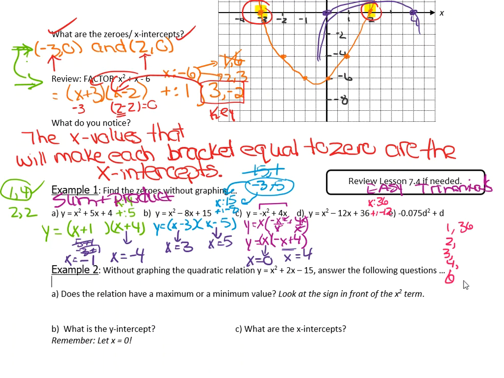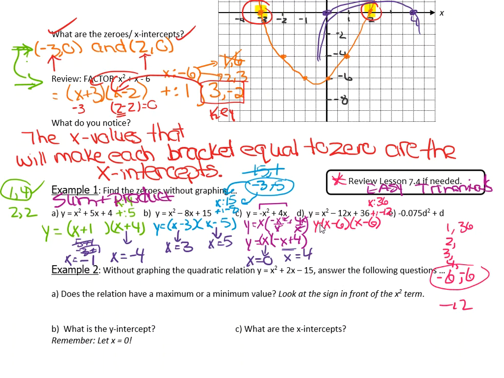And I think once you get down to 6 times 6 is 36, I can get a negative 12 out of that if I make them both negative. So in my brackets here, I'm going to have x minus 6 and x minus 6. Again, if this is really foreign to you or you really don't remember, you need to go back and review how to factor trinomials.